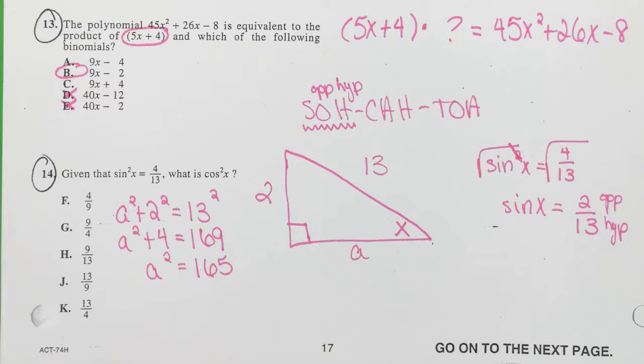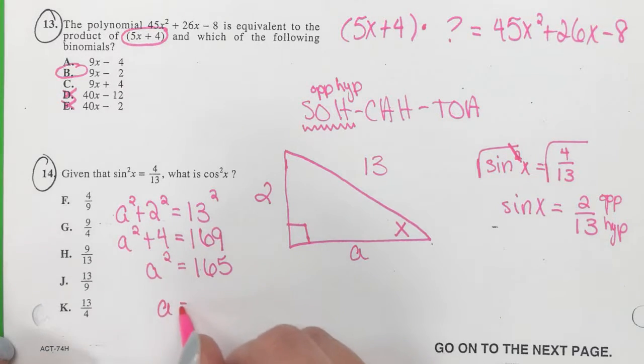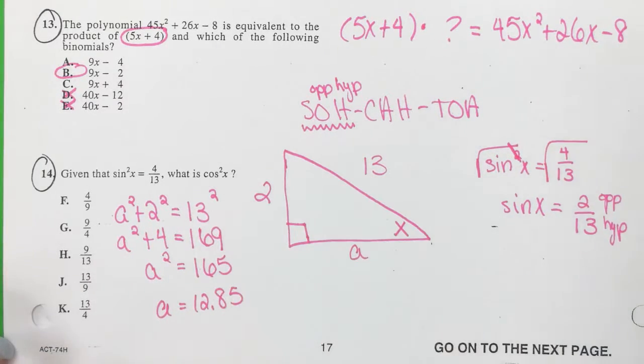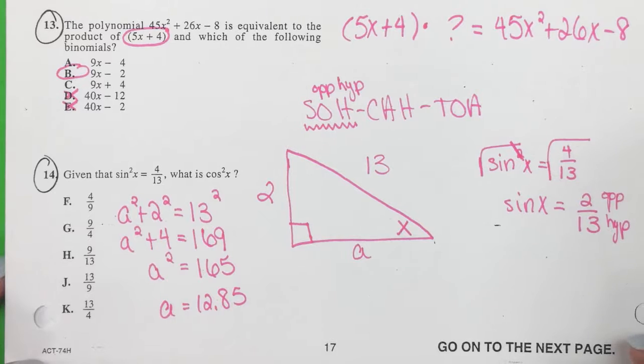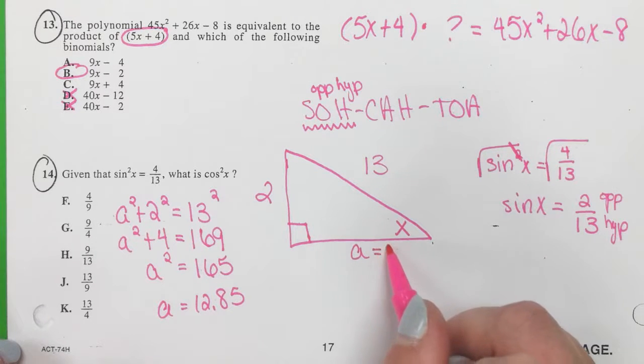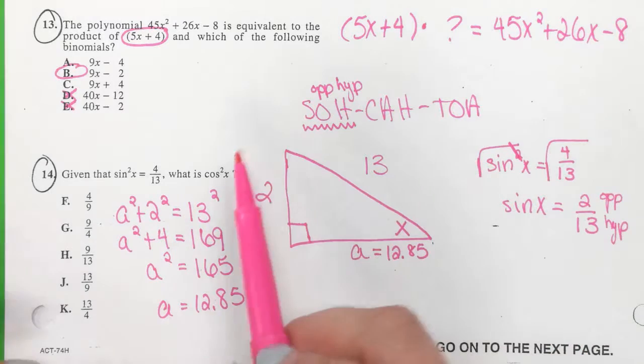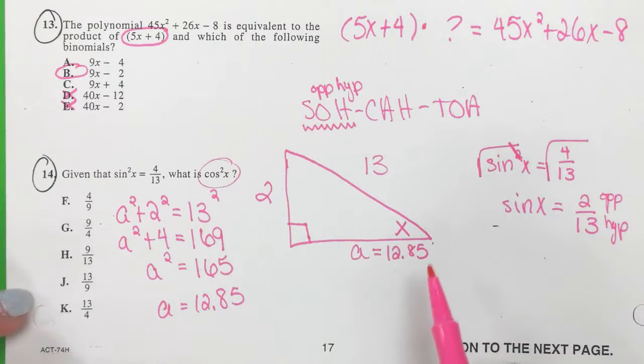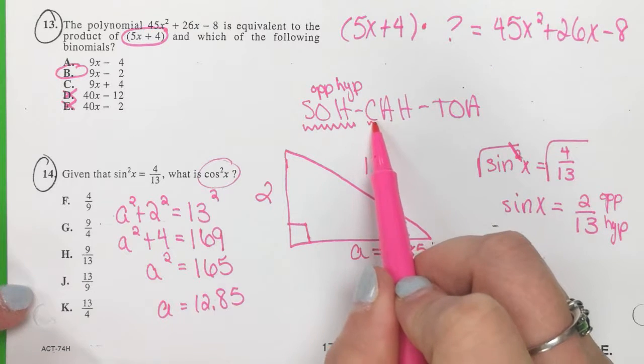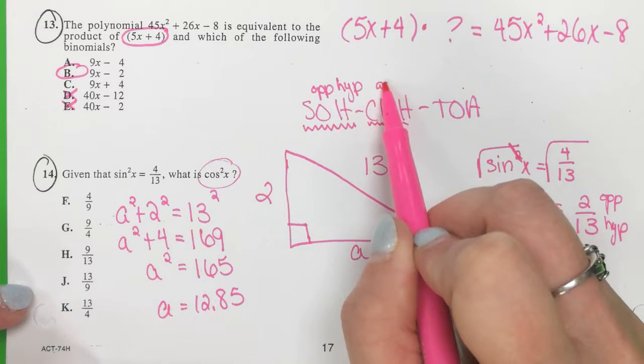Why is that not coming out right? 12.85, you said? Something's not right. All right, so what is cosine? There you go.